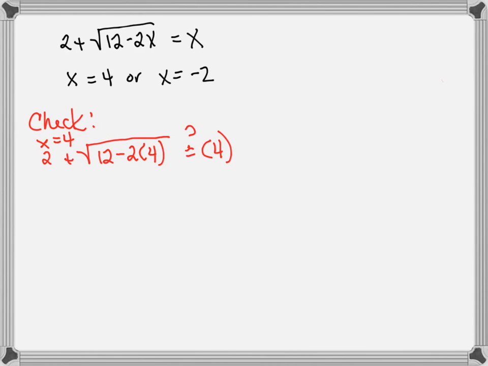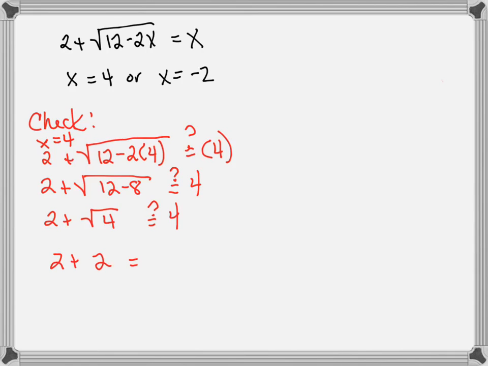Does that equal 4? Or 2 plus the square root of 12 minus 8. Does that equal 4? 2 plus the square root of 4. Does that equal 4? The square root of 4 is 2, so 2 plus 2. Does that equal 4? Yes. 4 equals 4, so 4 works. 4 is a solution. Now let's check x equals negative 2.